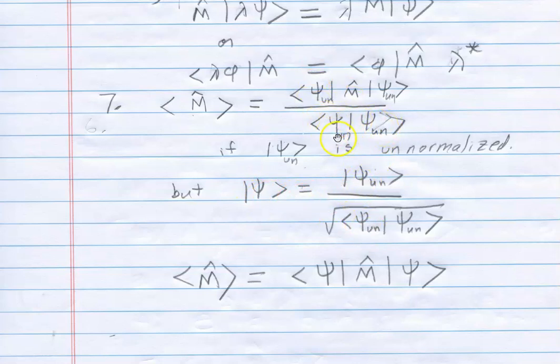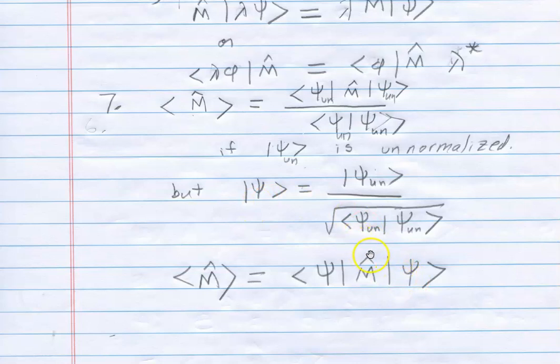This is a number here. In fact, it's a real number. I can divide both of these by the square root of that real number, and get a normalized wave function.